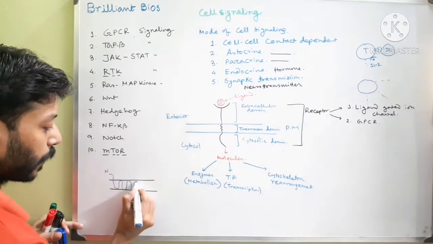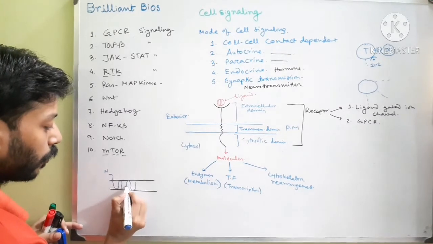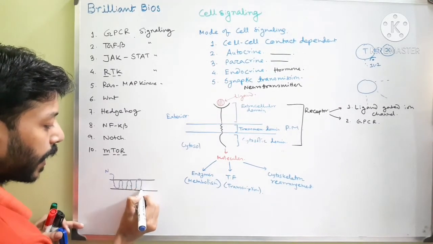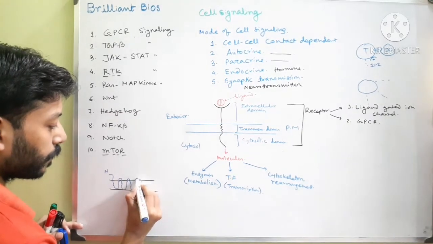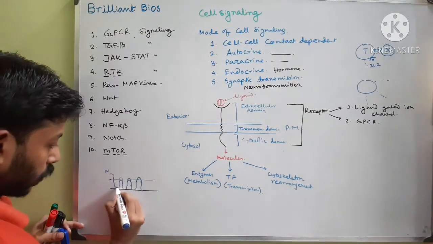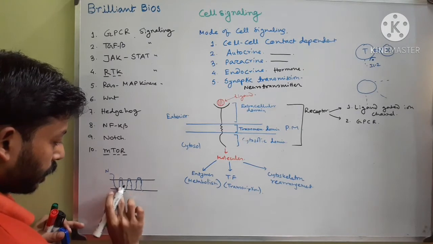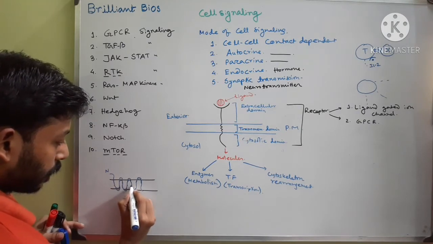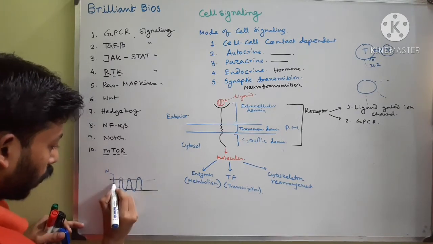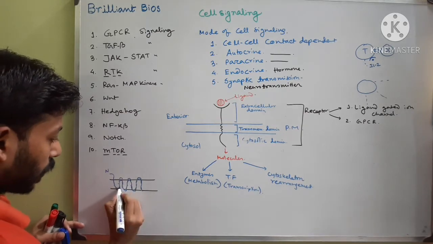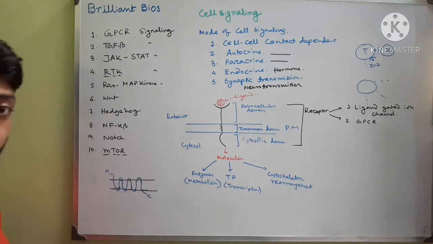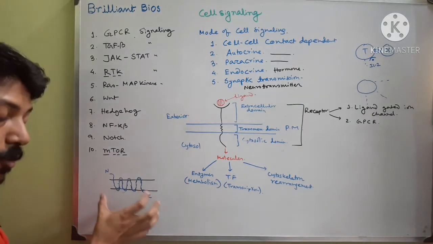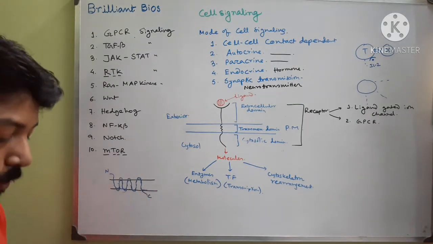So 1, 2, 3, 4, 5, 6 and 7, and they also pass from this side. So it looks like this, and it also has a C-terminal cytosolic domain. So this is actually the structure of a G protein coupled receptor.